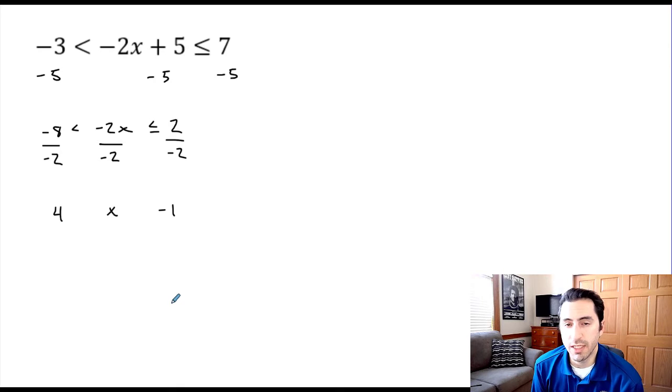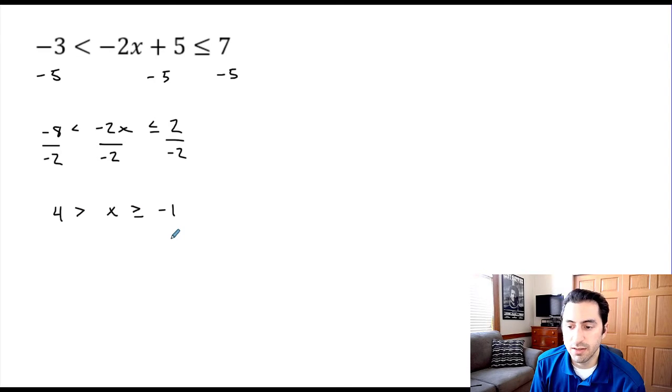Now I didn't write the inequality symbols in here yet because, just like when you're solving a normal linear inequality, whenever we multiply or divide by a negative value, we need to switch the signs. Looking at the order I have these values in, I know that negative 1 is smaller than 4. So when I put these symbols in, I need to make sure that they're pointing towards that smaller number. So I switch both of them.